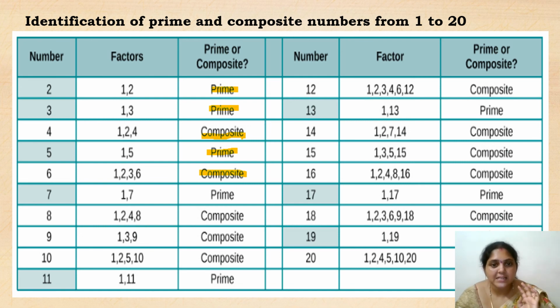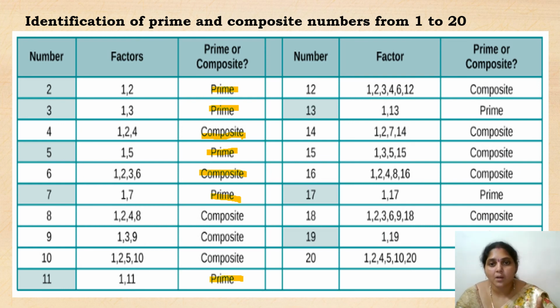That's why it is known as a prime number. 8, it is having more than 2 factors, so it is a composite number. 9, more than 2 factors, composite number. 10, more than 2 factors, composite number. 11 will be divided only by 1 and 11 itself. That's why it is known as a prime number.